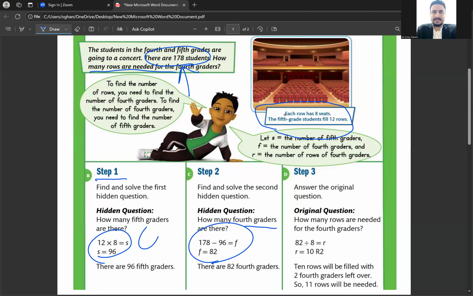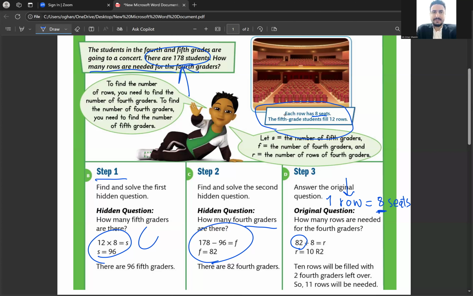Well, I have 82 students in grade 4. If I divide that by the number of seats in one row, which we know is 8 seats, I will get the number of rows, right?